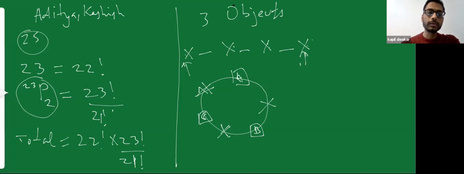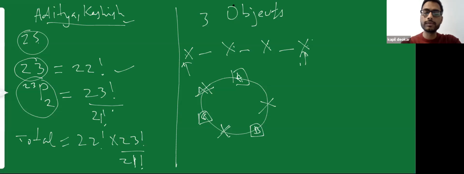Now let's get back to our question and understand this in a better way. Out of 25, I don't want Aditya and Kashish to be together. So simple, I'll forget about them. I have 23 remaining, and the remaining 23 can be arranged in 22 factorial ways.